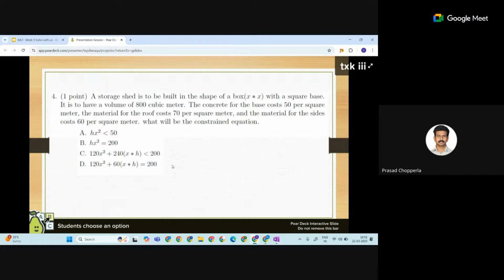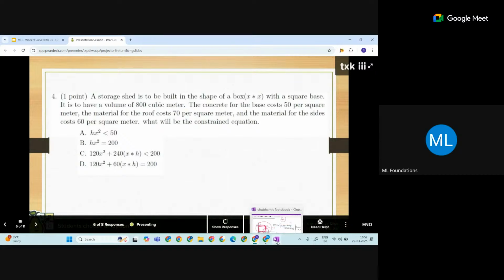H is again 800 by x square. So 800 by x square equal to 2x square plus 4x into 800 by x square, which gives 2x cube plus 3200 by x.